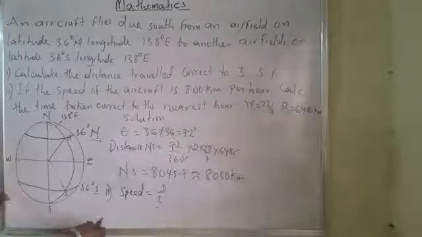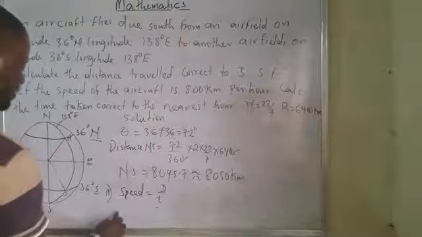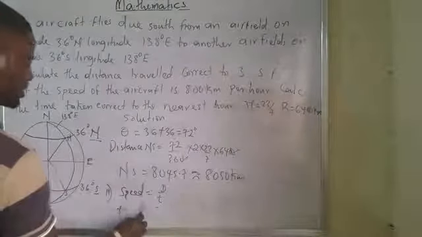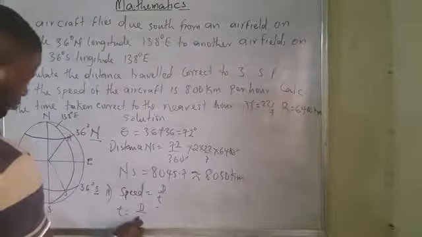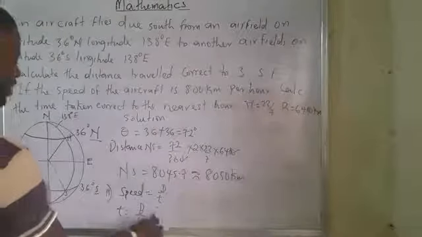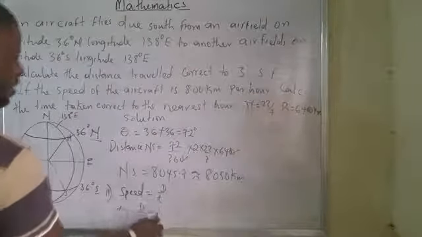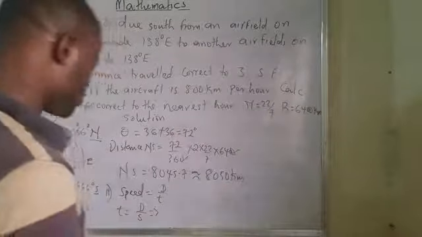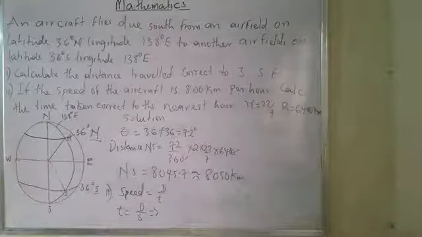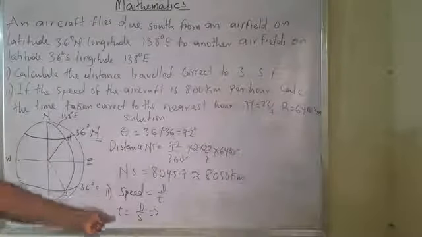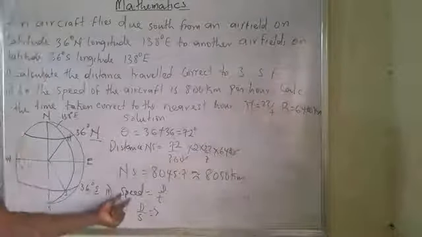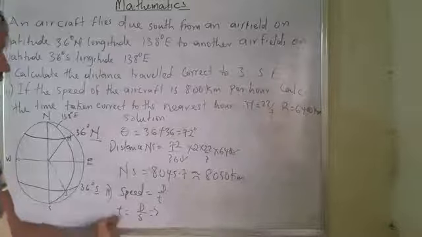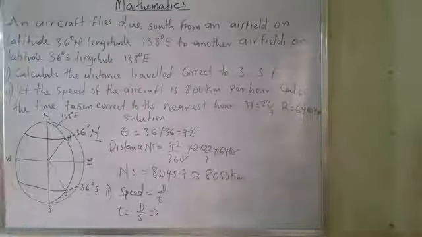Now I want to make time the subject, so my time will be equal to distance over speed. We have videos on speed and velocity, and on changing the subject of a formula. I just changed the subject from speed to time.